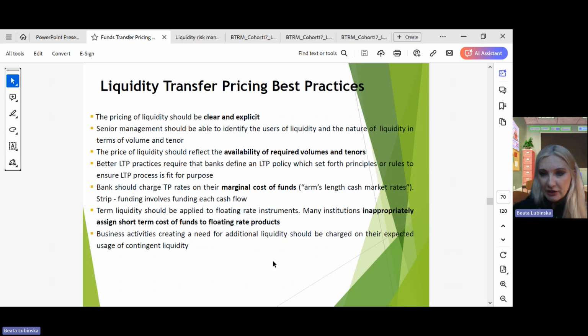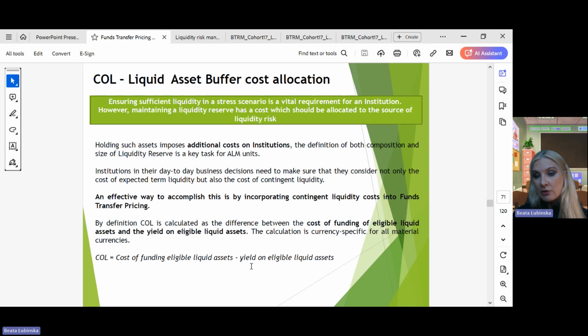So we are earning money on HQLA, but in a lower rate environment, this is not the case. It is a negative drag to P&L. So ILM shouldn't be holding this cost centrally. This cost should be charged out to the business on a separate basis.